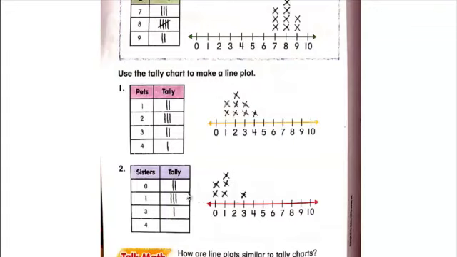So let's make a line plot. First, draw a horizontal line, starting with 0 and ending with 10. 0 is the least number and 10 is the greatest number. So let's display this data on a horizontal line to make a line plot.